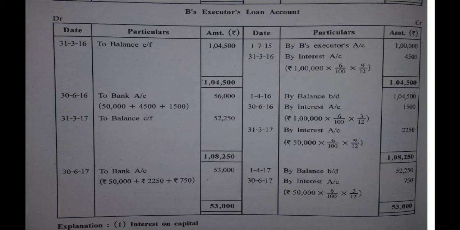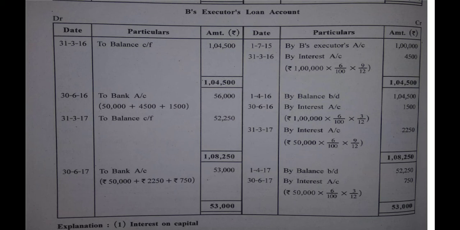So again 50,000 into 6/100, the rate of interest, into 3/12, the 3 months of interest. This makes it 750. So at the end of the second year, for the payment of second installment of loan, the total interest is 3,000.